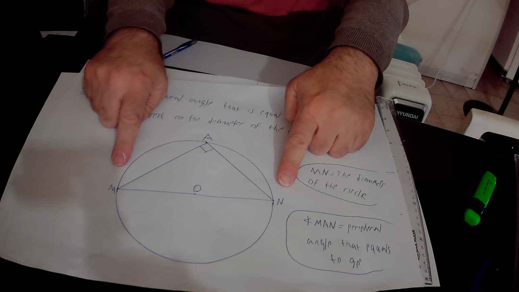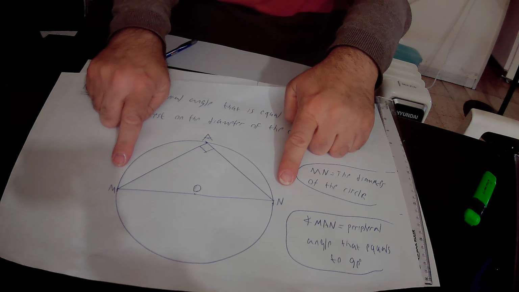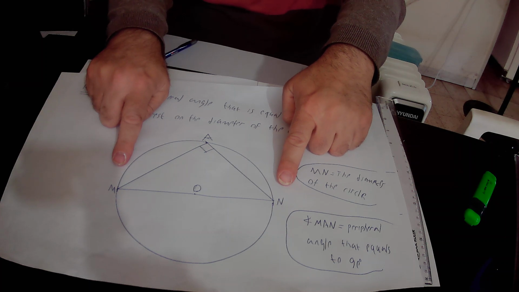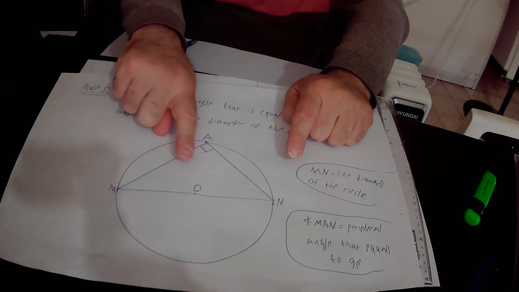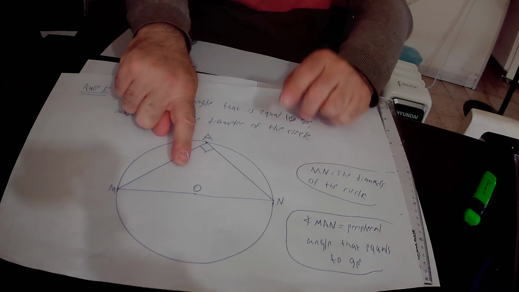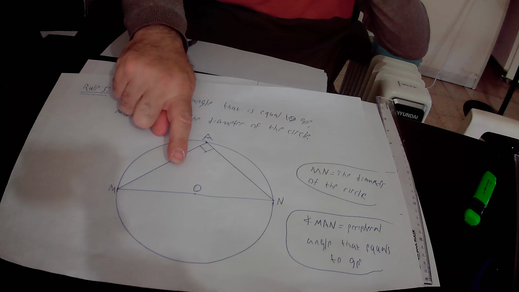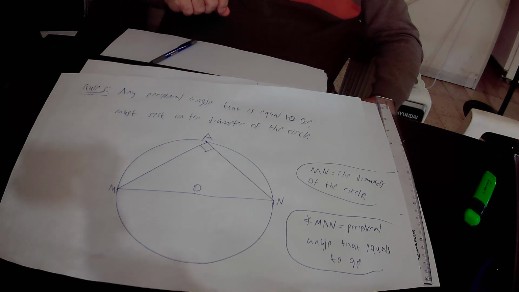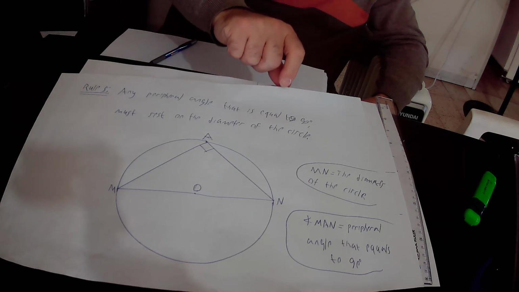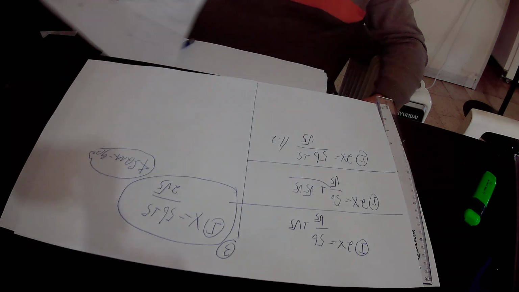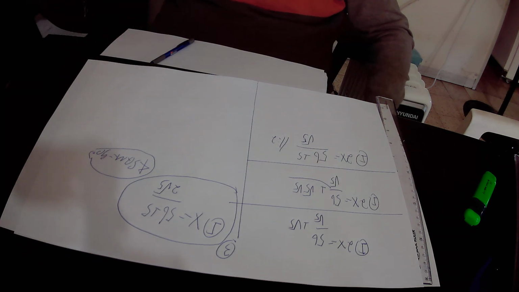And indeed, MN is the diameter because chord MN passes through the center of the circle, point O, and any chord that passes through the center of the circle must be the diameter. Okay?